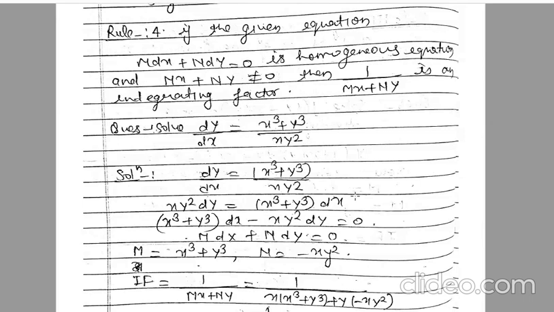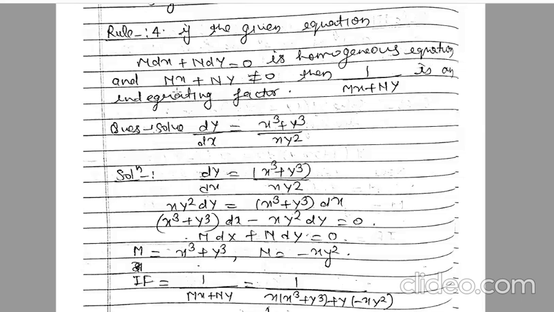So rule 4 is: if the given equation M dx plus N dy is equal to 0 is a homogeneous equation. What is the meaning of homogeneous? That means the power will be the same. If you are getting the same power, then you can say that the equation is homogeneous.